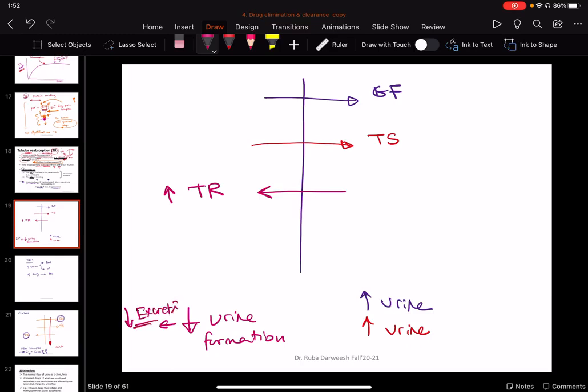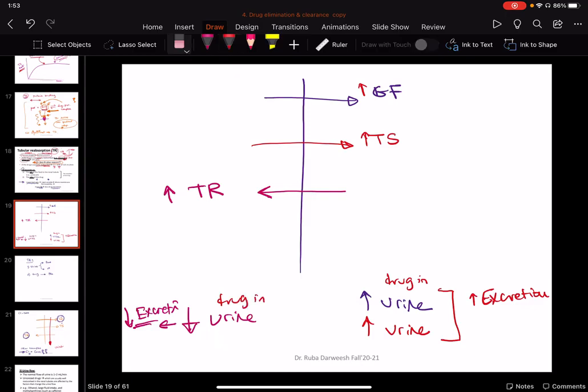I'm talking about each process alone. So for the first two processes, if increased, it means more urine formation, which means more drug excretion in the urine.